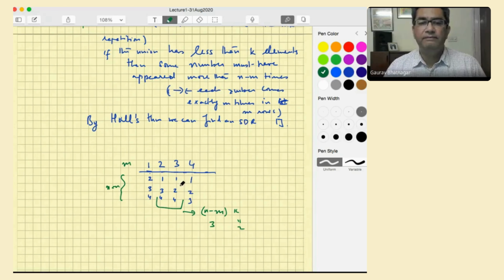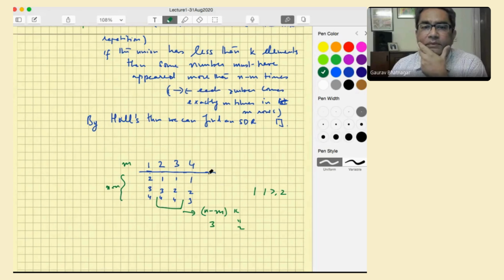That's what he's saying, and that can't happen because over here it has not come more than that. So if you take the union of this, the union has to be bigger than or equal to 2, because otherwise one of the numbers has to come at least 3 times, and that's a problem in these rows actually. It comes 3 times. That's the problem.